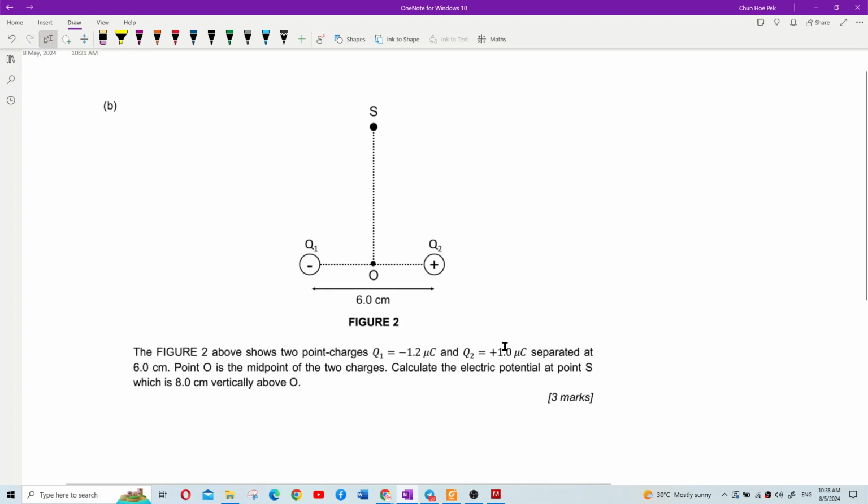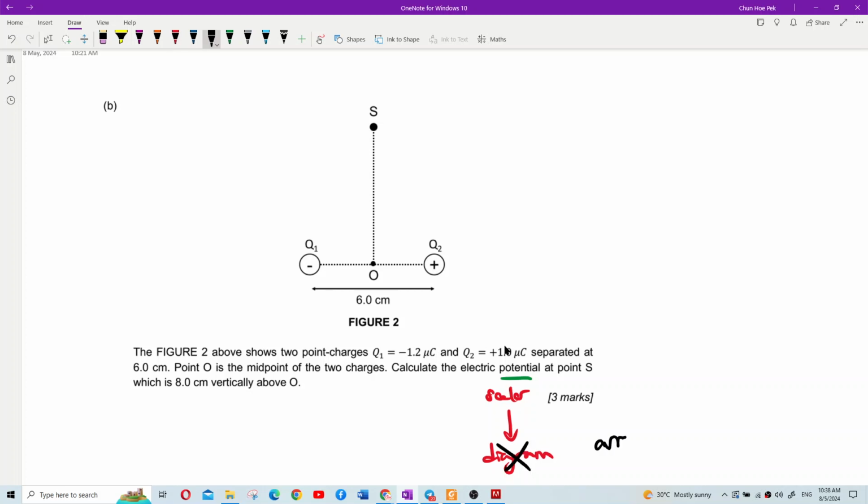Potential is a scalar quantity. The following question is about potential. This is a scalar quantity, so no diagram, no need to draw any vector or arrow.